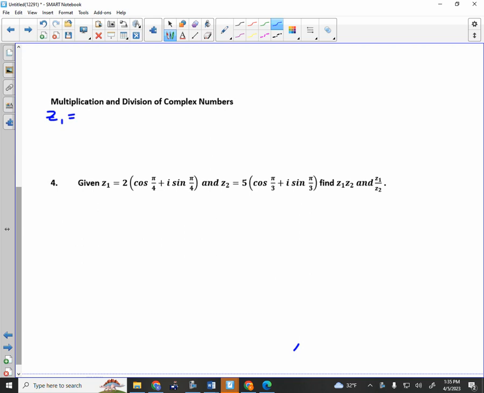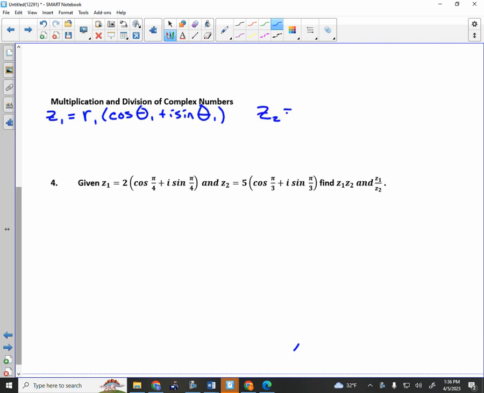Given 2 complex numbers, I have z sub 1 equals r sub 1 times cosine of theta sub 1 plus i sine of theta sub 1. So that's just trigonometric form of a complex number. That's one of them, and we're going to write down a second one.